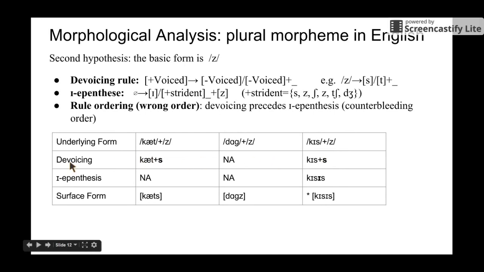So if we have the devoicing rule first, the devoicing rule would apply here because this is the right environment for the devoicing rule to apply. We have a voiceless sound and we have z, the target. Then we have the devoicing process. Z becomes s. Then the vowel insertion will apply as well. Then we got kisses. And then we have the wrong output.